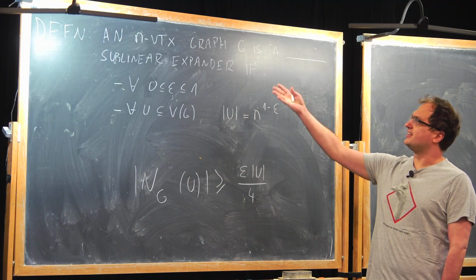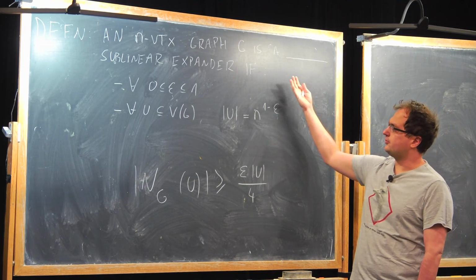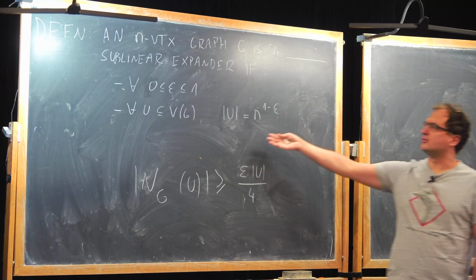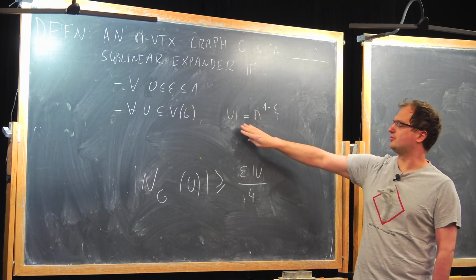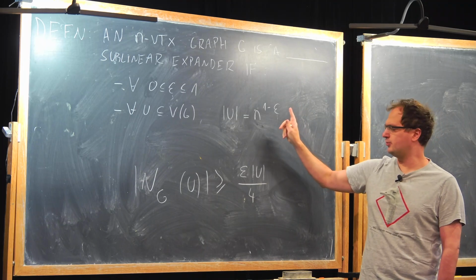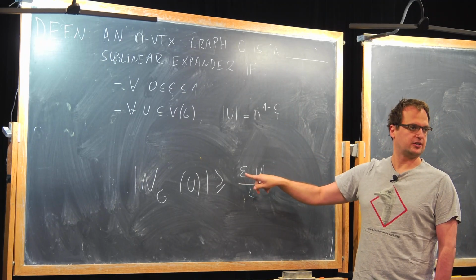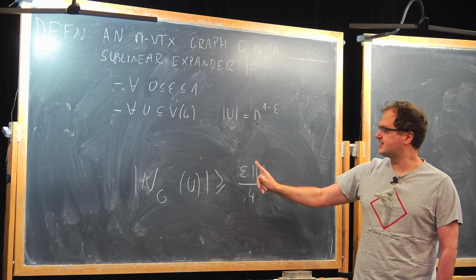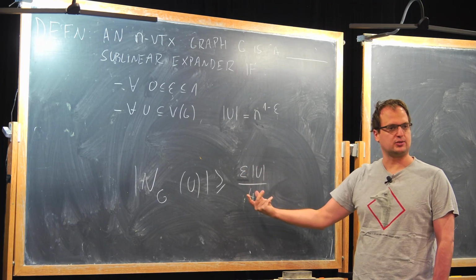So we say that an n-vertex graph G is a sublinear expander if, whenever you take a subset U of its vertices, and don't worry for the moment about what is written here, I'll come back to it, you get this epsilon over 4 factor expansion going out of U. Now, the key distinction here is that this epsilon, unlike before, is not an absolute constant.